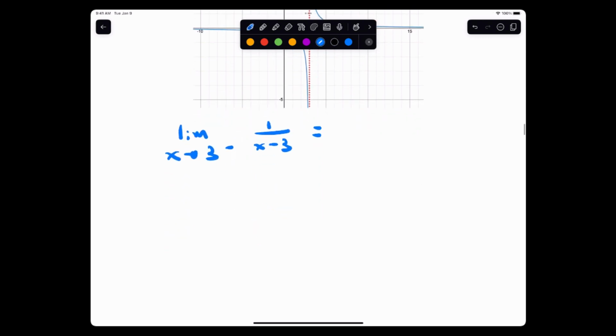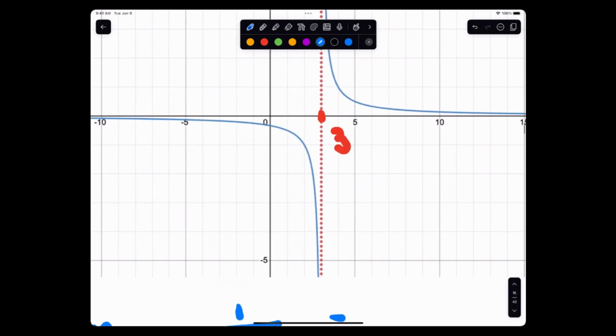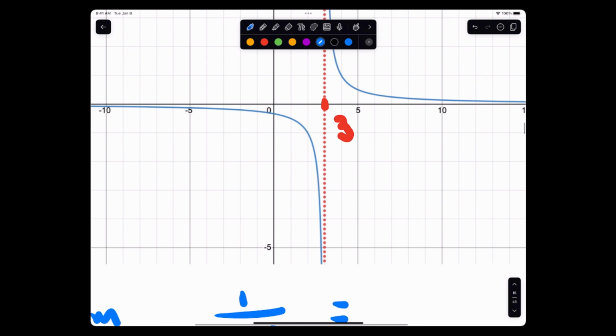Okay, they're going to want to know, what's the limit as x goes to 3 from the right of 1 over x minus 3? So around 3 from the left, what do you think your limit's going to be? This is the graph.